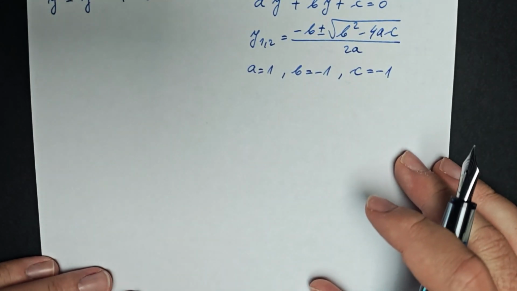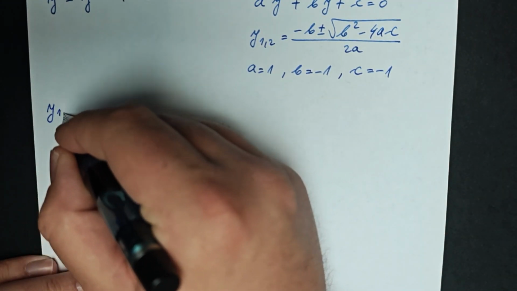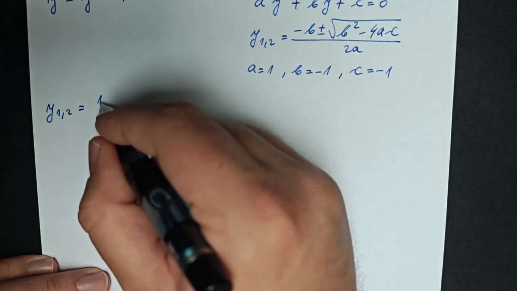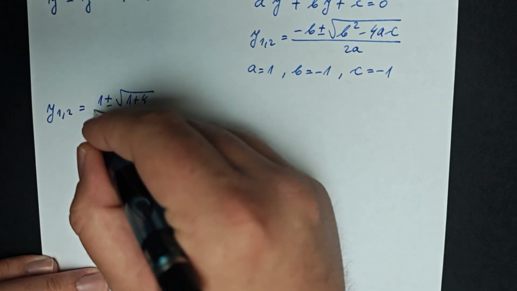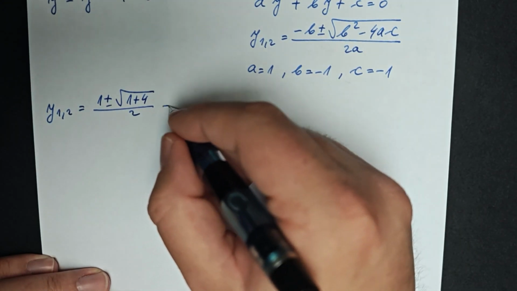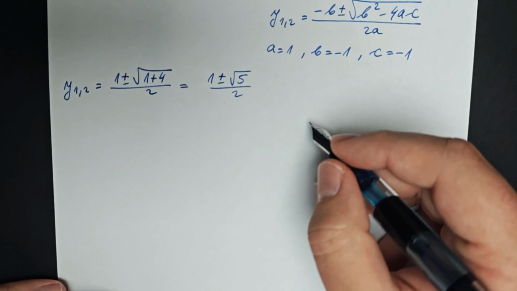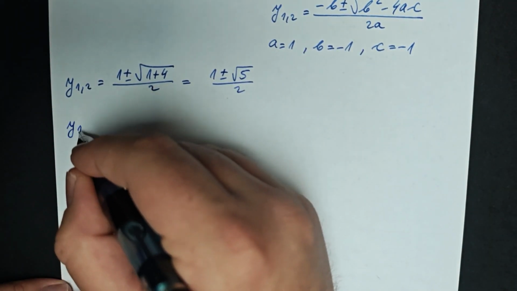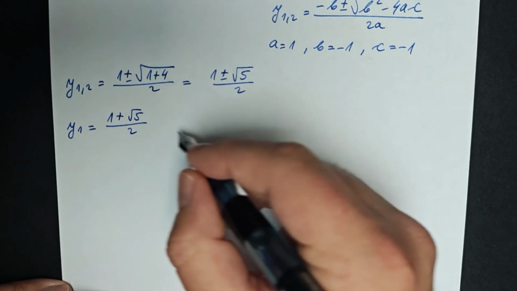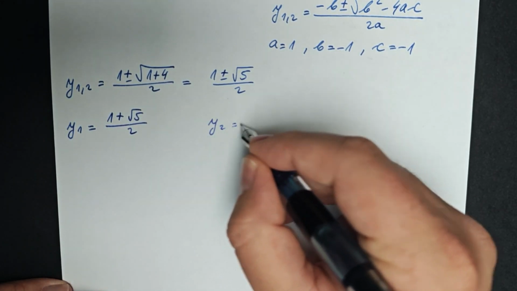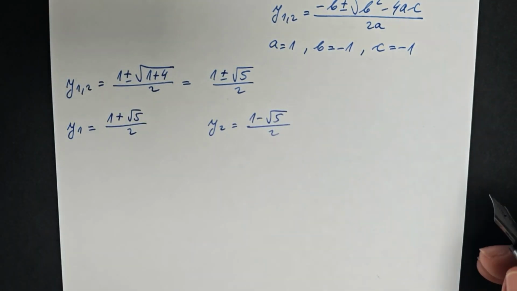So let's plug in all of this information, and we get that y1 or 2 is equal to 1 plus or minus the square root of 1 plus 4, divided by 2. So that is 1 plus or minus the square root of 5 divided by 2, and we get finally our two solutions: 1 plus the square root of 5 divided by 2, and the second solution is 1 minus the square root of 5 divided by 2.